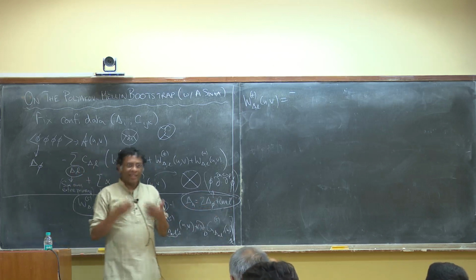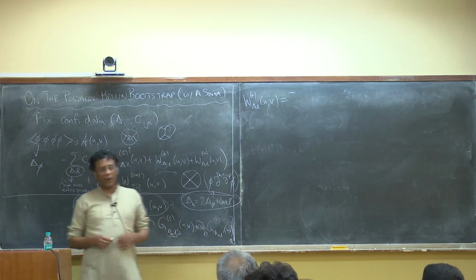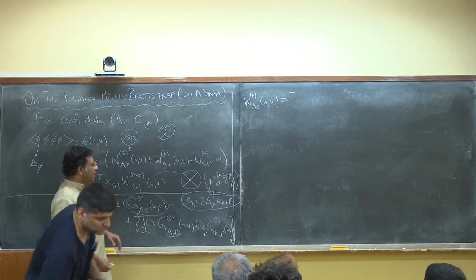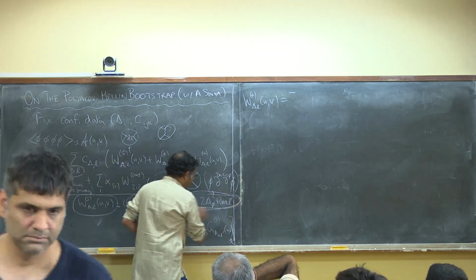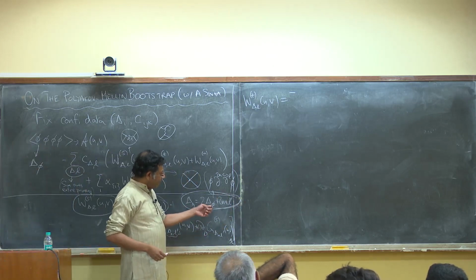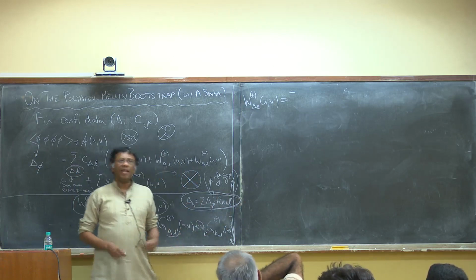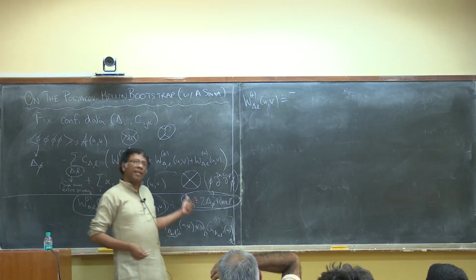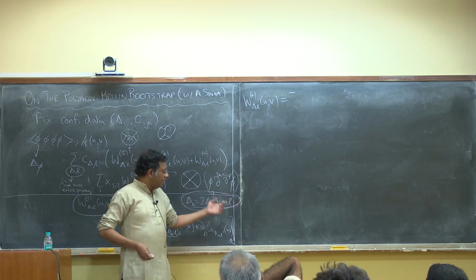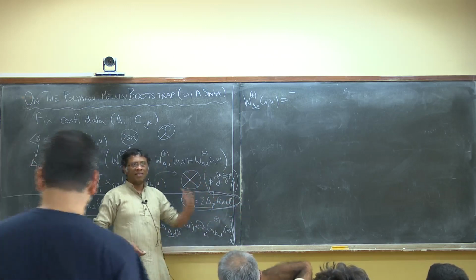In fact, those are the spurious or unphysical operators, which in general, in a theory with external operators of dimension delta phi, you do not expect any operators in the spectrum to have exactly dimensions 2 delta phi plus an integer plus another L prime.